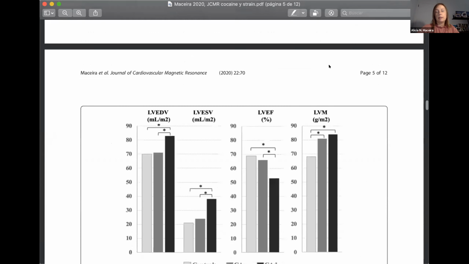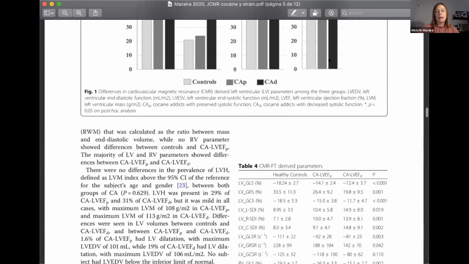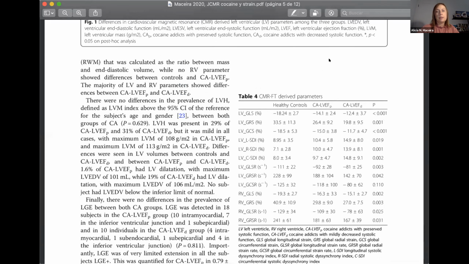These are the graphs. When we analyzed the strain, we observed significant differences, as expected, among the three groups with regard to all parameters, except for left ventricular circumferential strain rate.